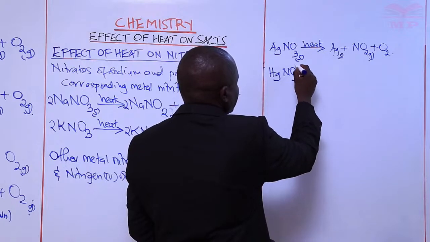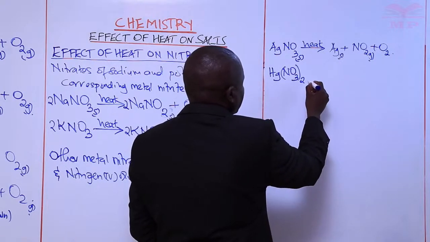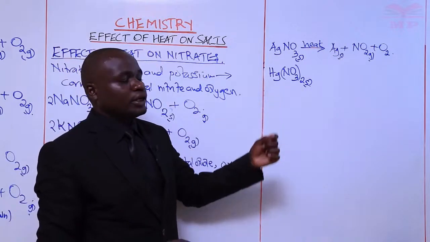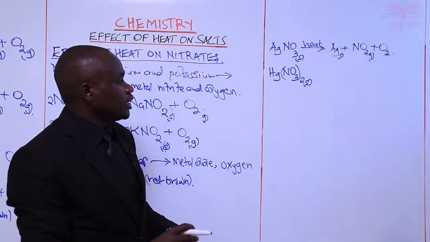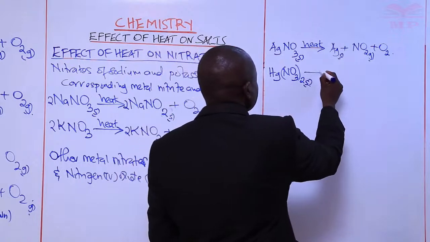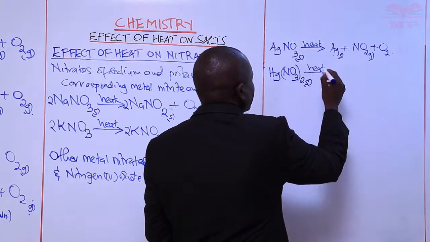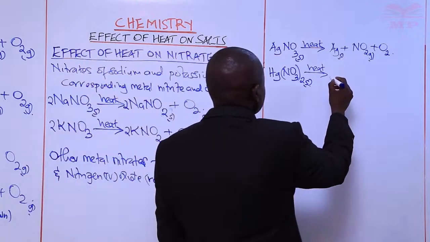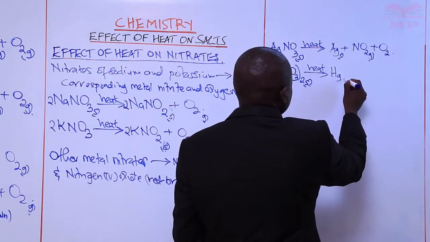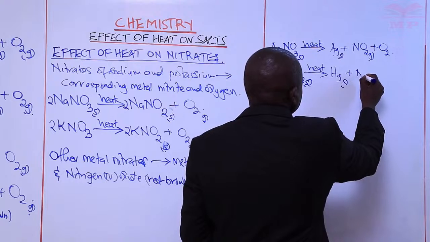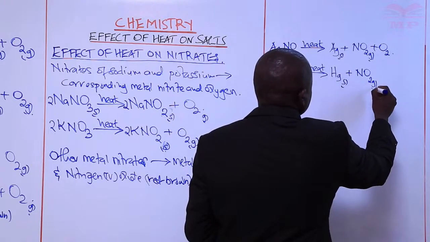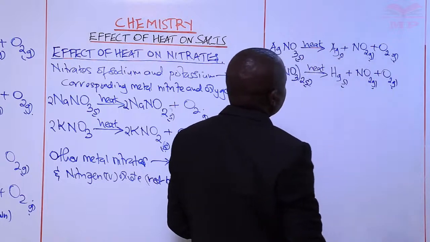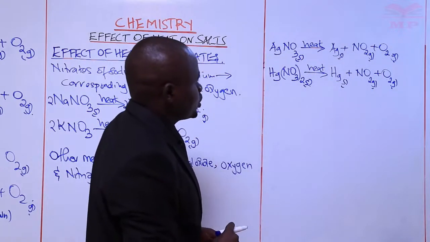Gold, my dear student, has a valency of 2, and therefore that will be the correct formula. So when gold nitrate is heated, it will give you the corresponding metal, and that is gold, plus nitrogen oxide gas, and then plus oxygen. So we have to balance the 2 equations.